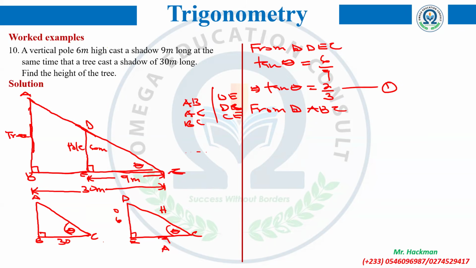Take note of that. The ratio I form should involve one known side and the side I'm looking for, which is AB. This side I'm looking for is opposite to theta, and this side here is adjacent. So which trig ratio involves opposite and adjacent?